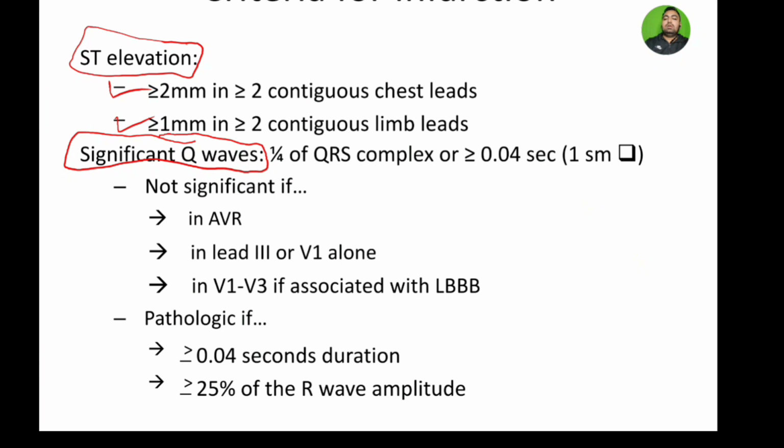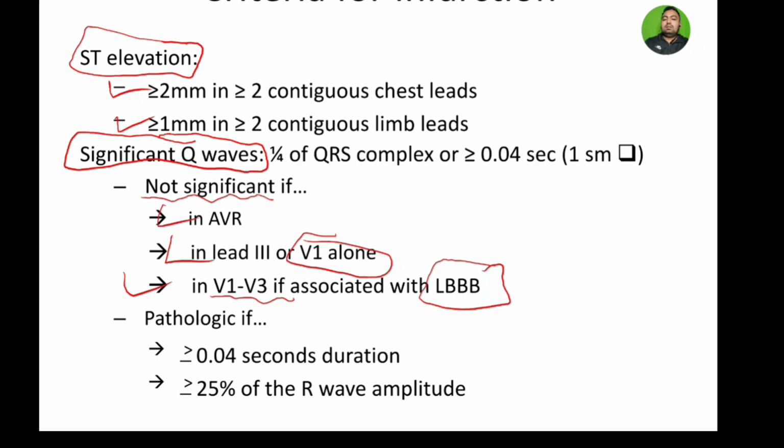Whenever this Q wave is seen in aVR, in lead 3 or V1 alone, it is not considered significant, and also in V1 to V3 if it is associated with left bundle branch block. Remember this point: if it is associated with left bundle branch block, in V1 to V3 the Q wave is not considered significant.